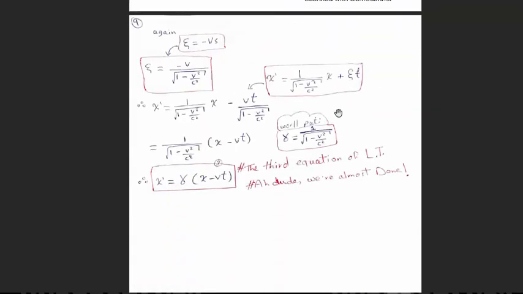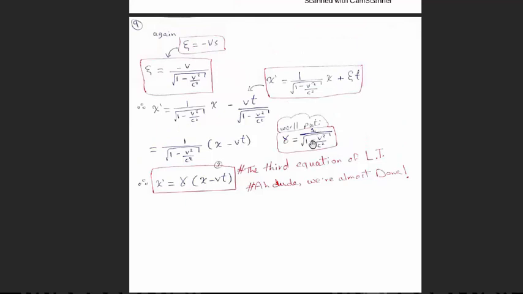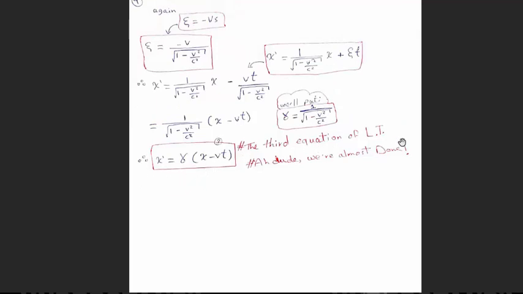We take the 1 over the square root of 1 minus v squared over c squared out of the brackets and name it gamma. Here is the gamma factor, the most famous square root, as I said. So this is the third equation that we got.